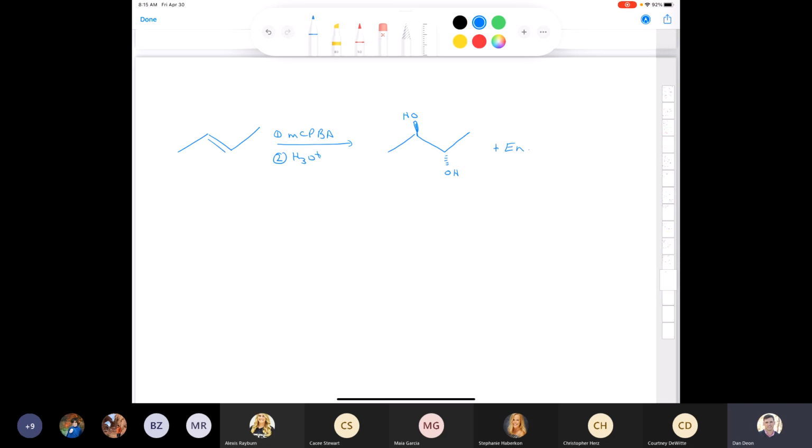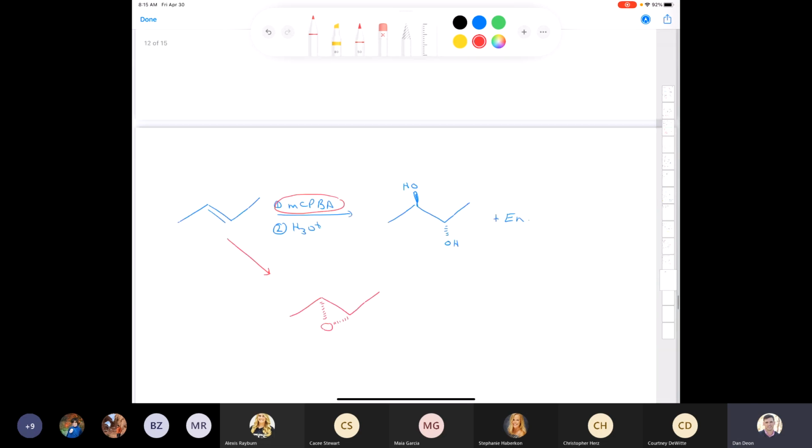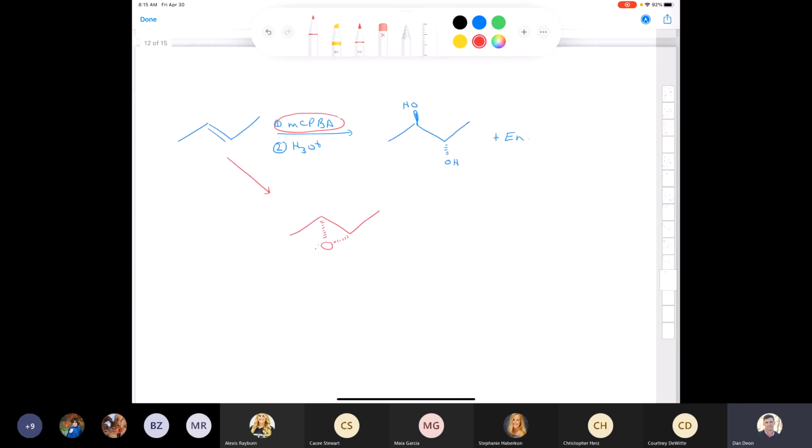Well, the intermediate that's formed after the first step would look like this, where you would have an epoxide like this. Now, both of the bonds would be on the same face of the molecule, so I'll just put them down like this, okay?